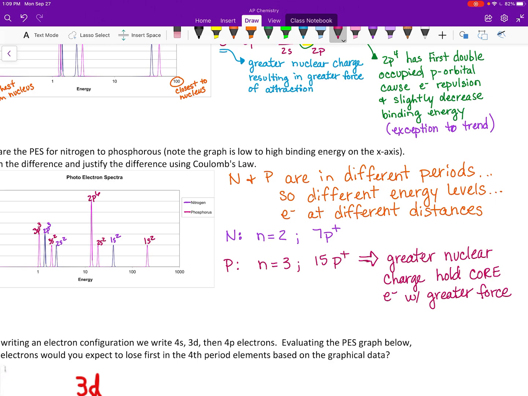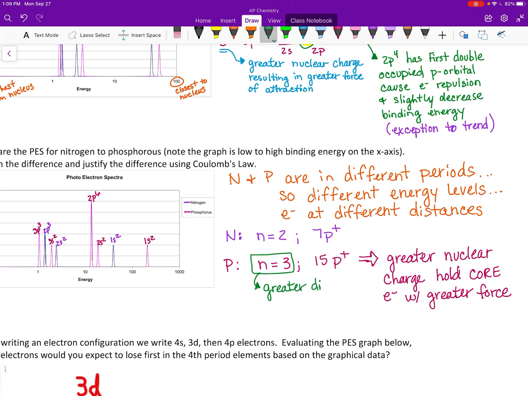But the challenge is when we're talking about the amount of energy to remove those valence electrons, those electrons that are really going to be involved in bonding, because we are in the third energy level, there is less energy that's going to hold those in because of the greater distance.